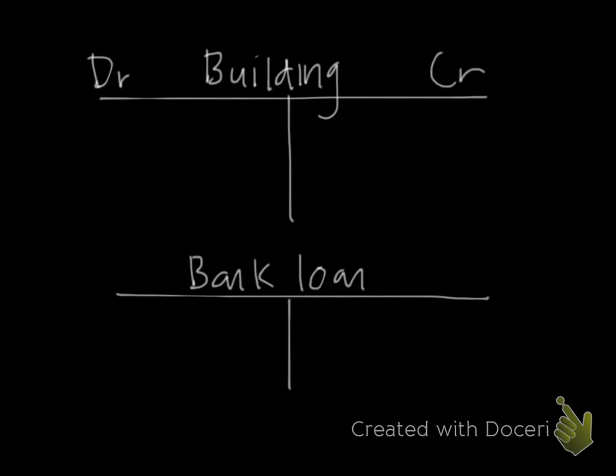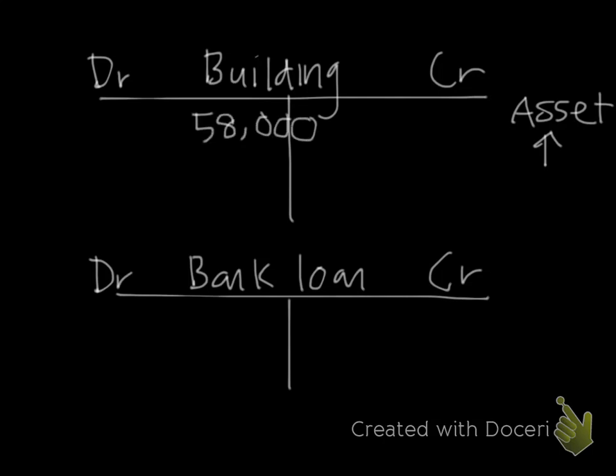Debit in the left hand side, credit in the right hand side. So now the building is the asset account. When the asset increasing, we record in a debit side. So the building we record as a 58,000 in the debit side.